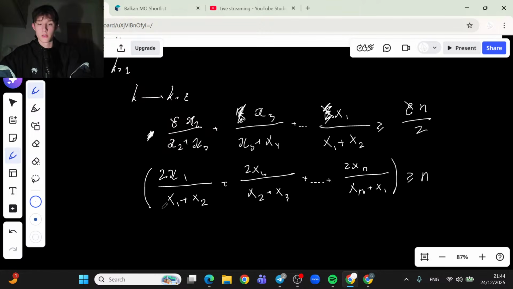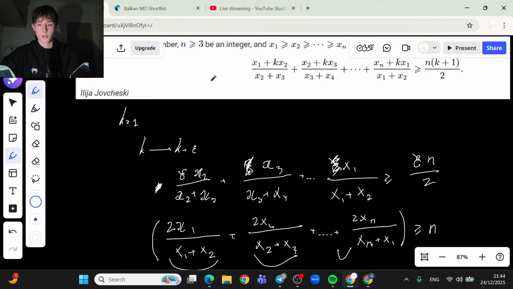Essentially, we know that every single thing here, except for the last one, is greater than 1 because of all these inequalities.